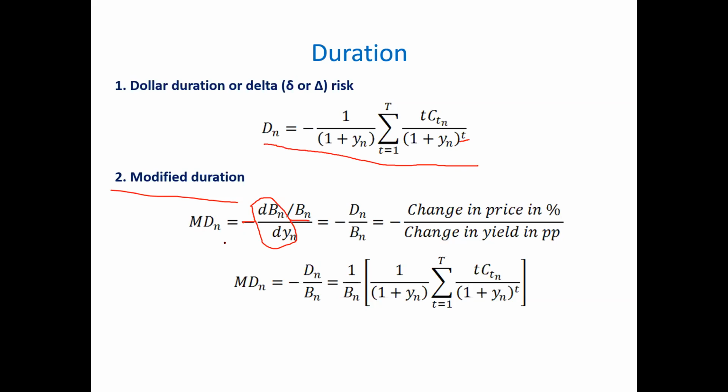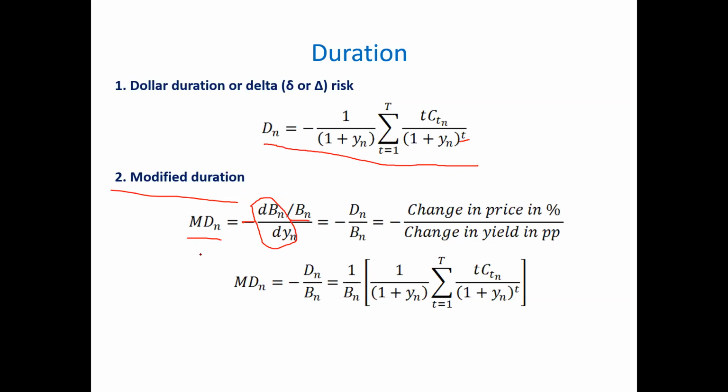However, even if modified duration is going to be positive, you should always bear in mind that we're talking about an opposite change. So if yield goes up, price goes down. If yield goes down, price goes up. So even though we have a positive number as a modified duration, when we apply this to calculate a change in the price, the change in the price will be in the opposite direction.